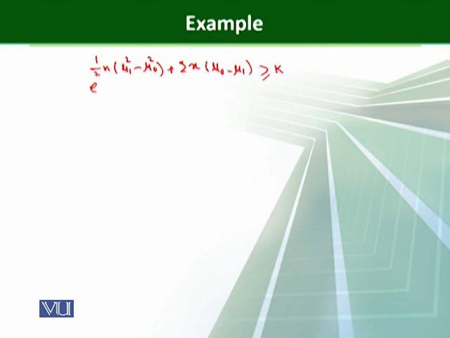So taking log on both sides, we get n over 2 mu 1 square minus mu naught square plus, this is constant, so we can write it as mu naught minus mu 1 into sum x is greater than or equal to log of k.